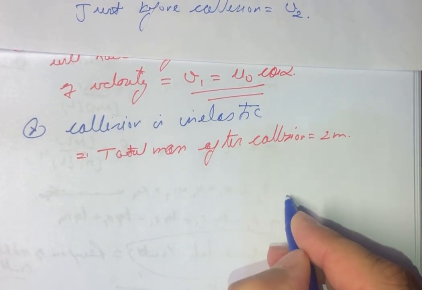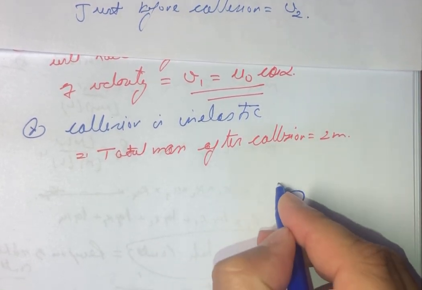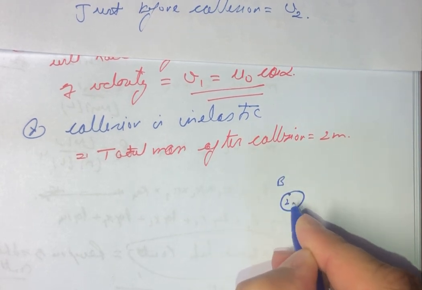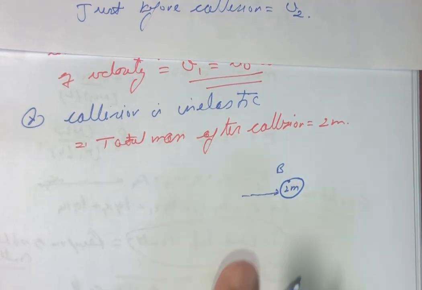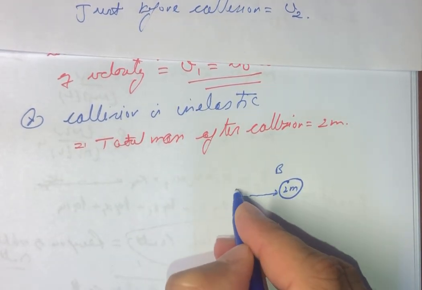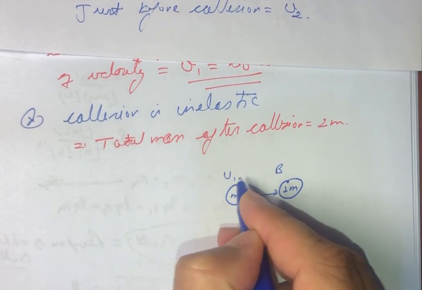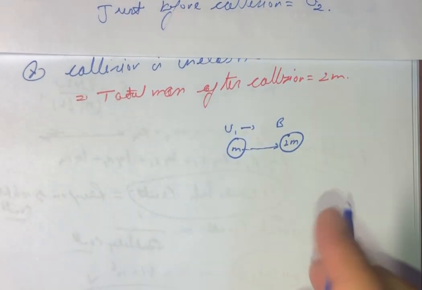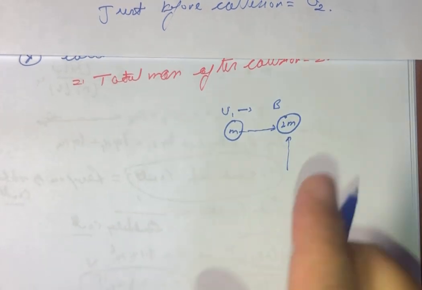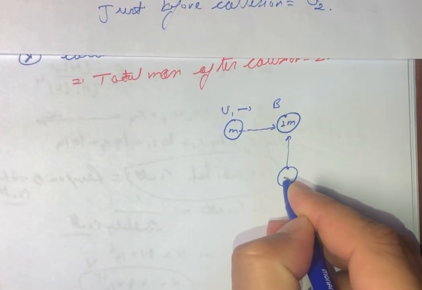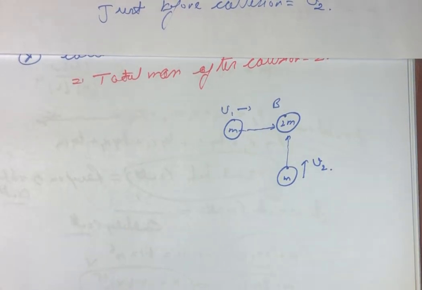At point B, suppose they are going to collide with each other. So this is point B. The collision is inelastic, so this will be 2m, and at point B there will be only a horizontal component, that is v1, in this direction, and another particle, that is particle 2, which is traveling vertically upward, is also having mass m, and its velocity just before collision is v2.